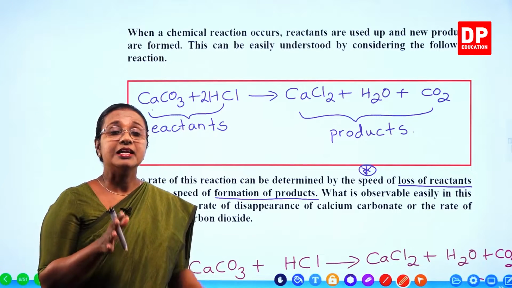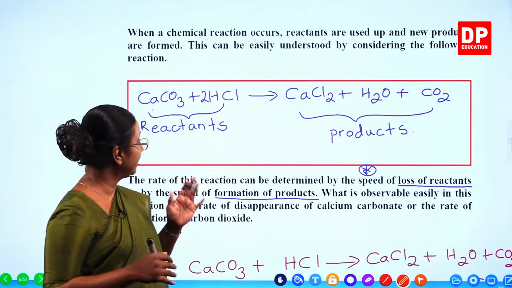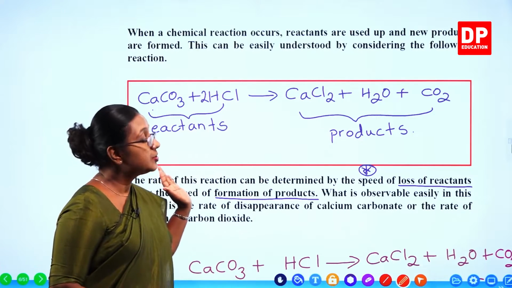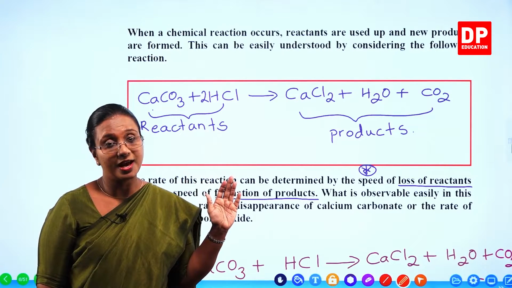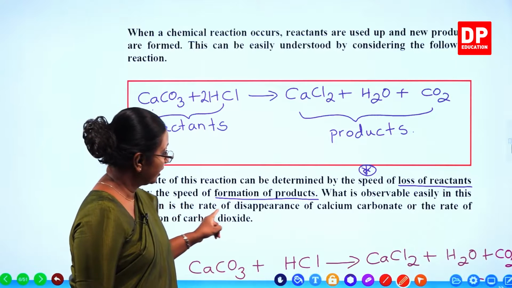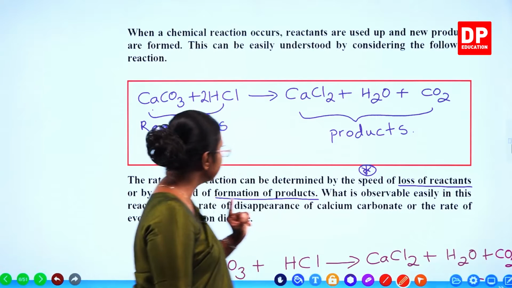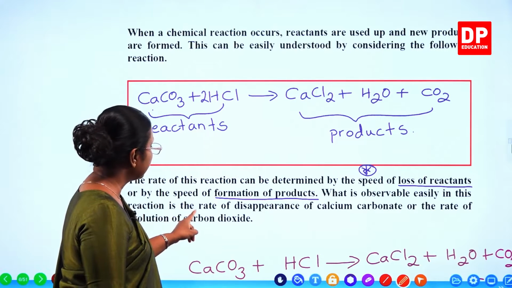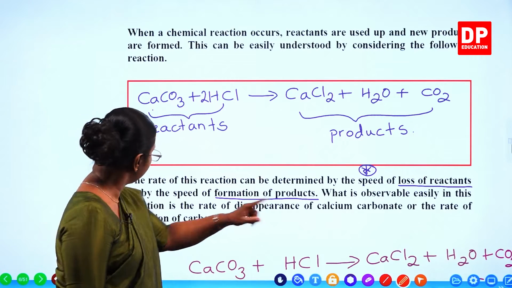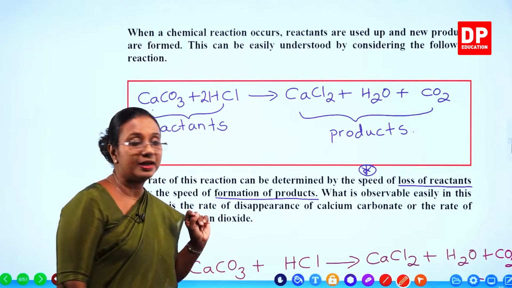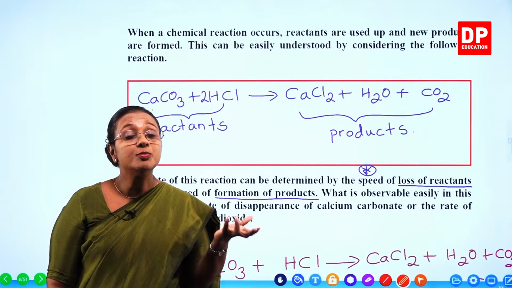So, depending on the reaction, we can either calculate the speed of loss of reactants or speed of formation of products. What is easily observable in this reaction is the rate of disappearance of calcium carbonate or the rate of evolution of carbon dioxide. Which is easier?